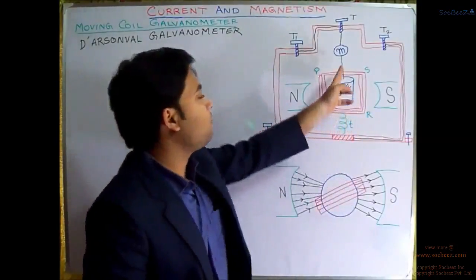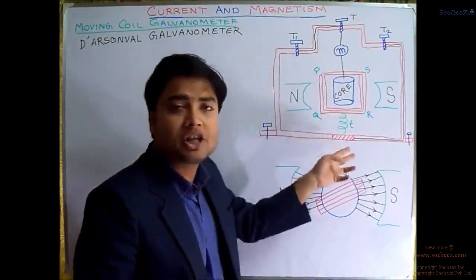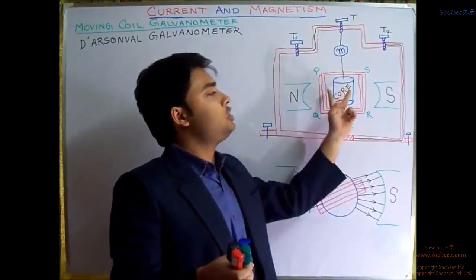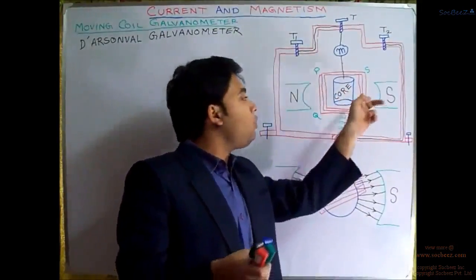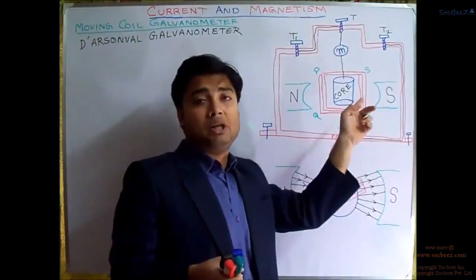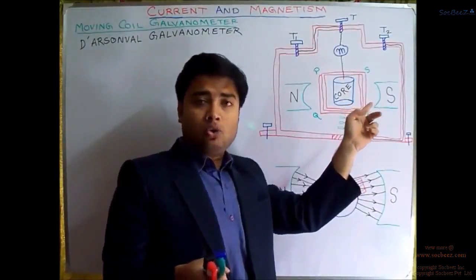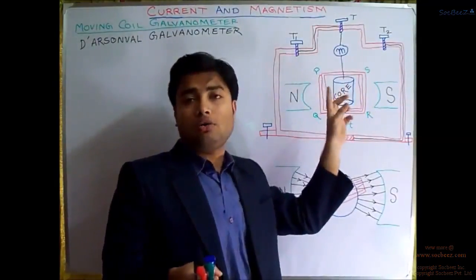As we have seen, the forces in this direction and this direction cancel out, and only these two forces over here and over here make a couple, right? So we know that there was a torque.